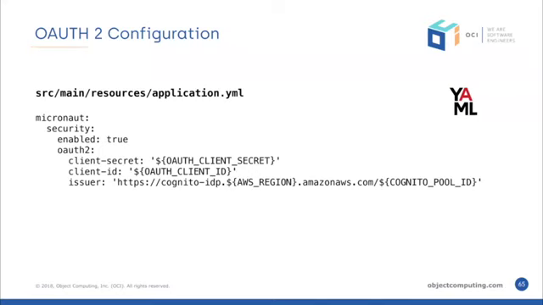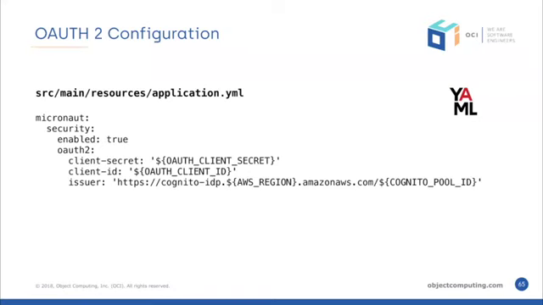This is the required configuration for AWS Cognito, where we use one feature of OAuth 2, the well-known OpenID configuration, to retrieve the configuration from the authorization server and configure the Micronaut application accordingly.